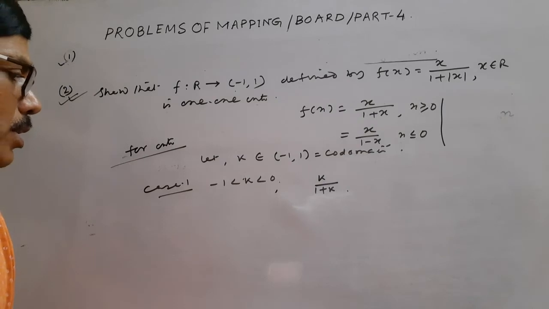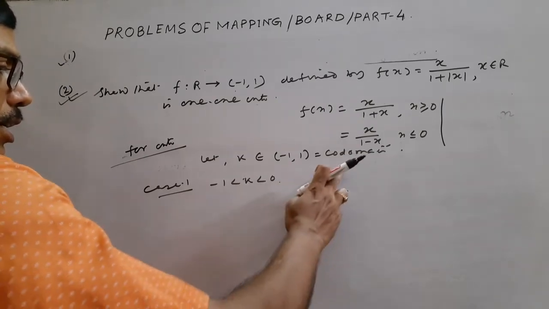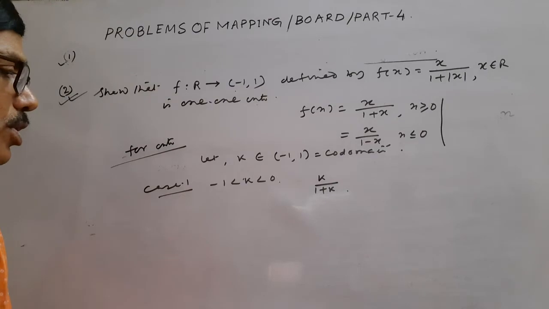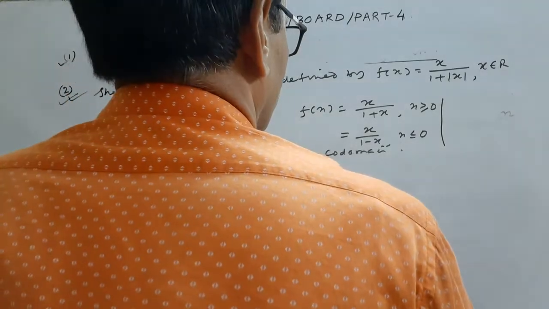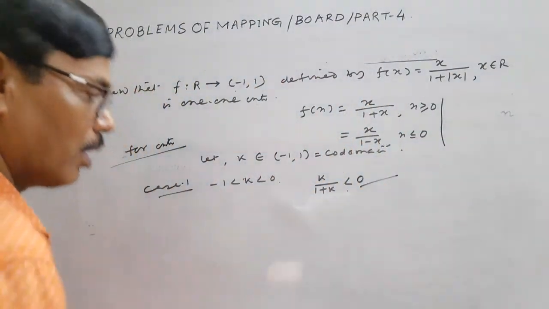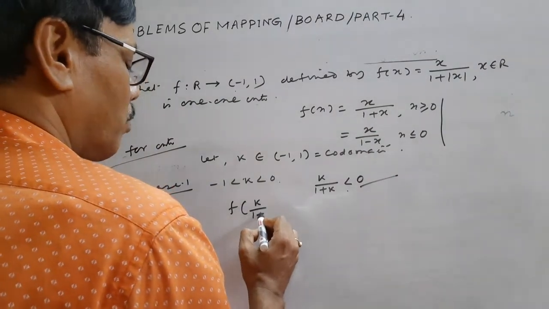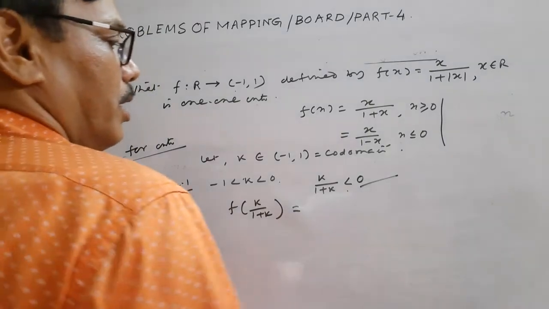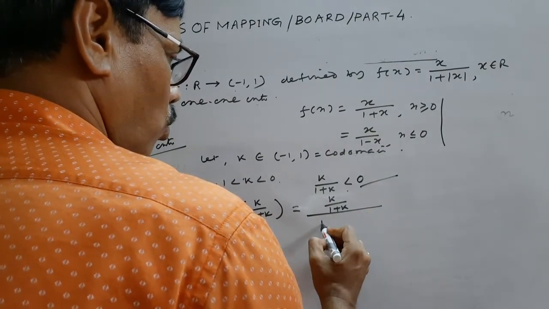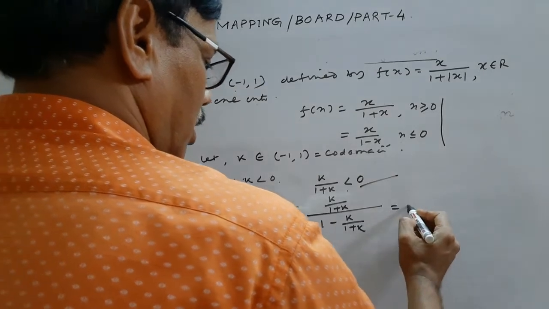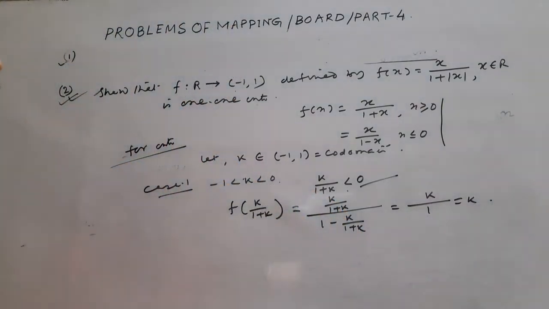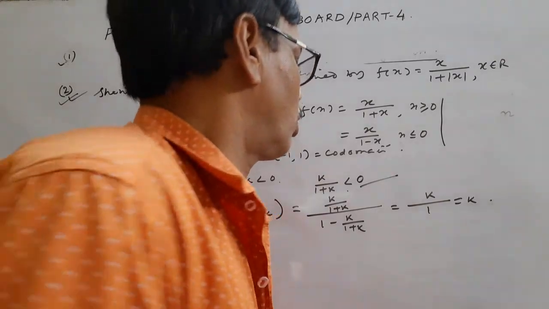Here k is negative and 1 plus k is positive, so this is negative, which belongs to the less than 0 part. Therefore f of k by 1 plus k, using the negative case, is k by 1 plus k divided by 1 minus k by 1 plus k. Taking the LCM, this is k. So range equals codomain.